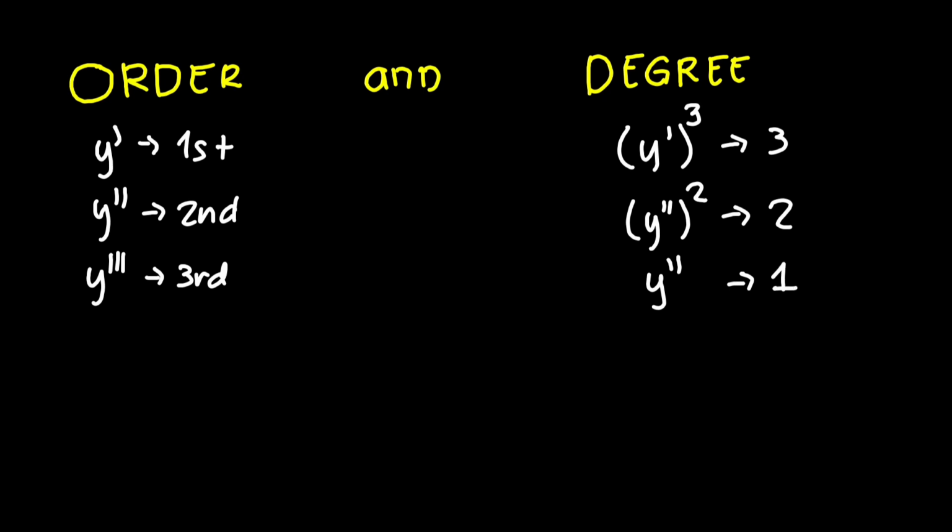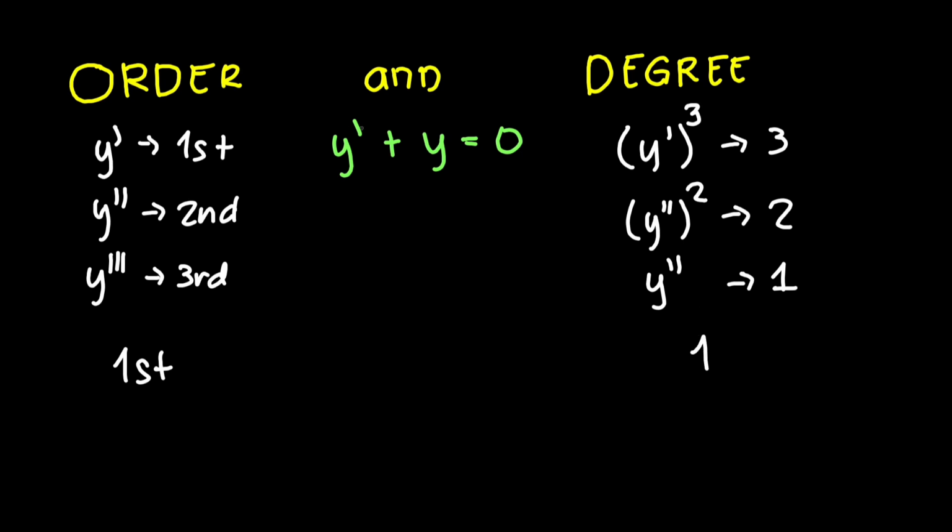And so let us try this. Y prime plus y equal to 0. So the order for this equation would be first, because it has the first derivative, and so the degree for this, it has an exponent automatically of 1, and so the degree here would be equal to 1.